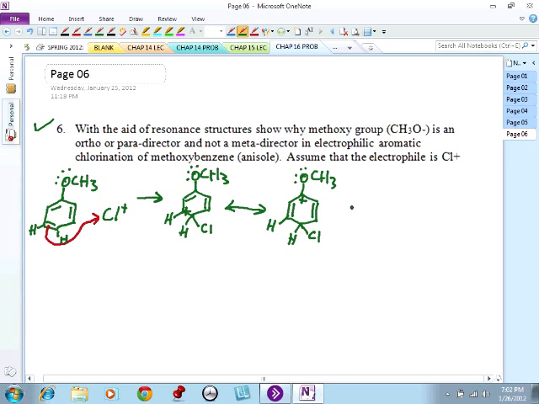Just for bookkeeping, let's keep everything in place. Now, at this point, we want to draw another resonance structure. Okay, we could draw two resonance structures at this point, but let us do the one involving the oxygen. The point we want to make here is oxygen is involved in the resonance stabilization of the carbocation.